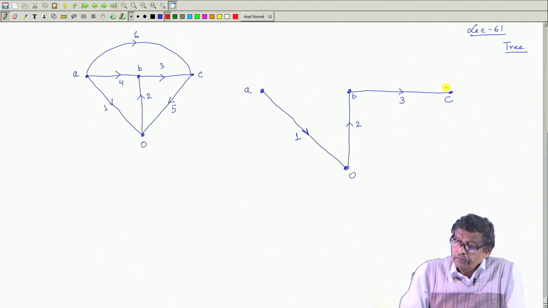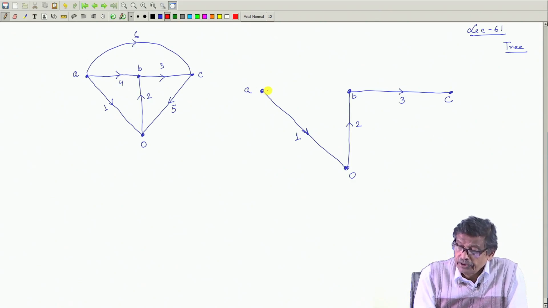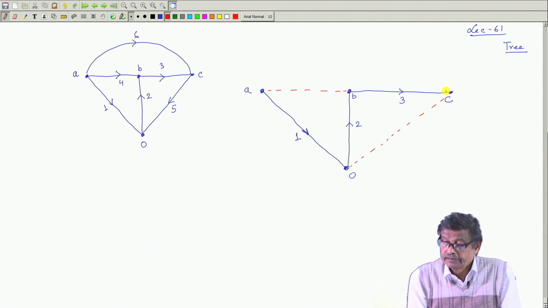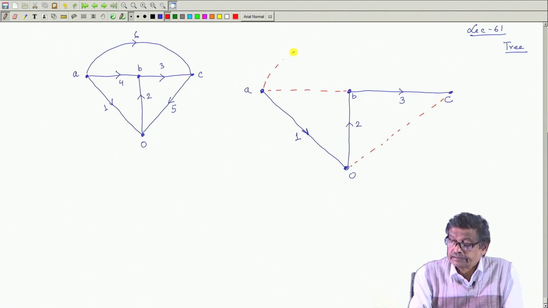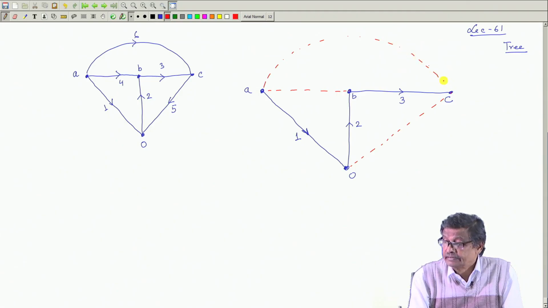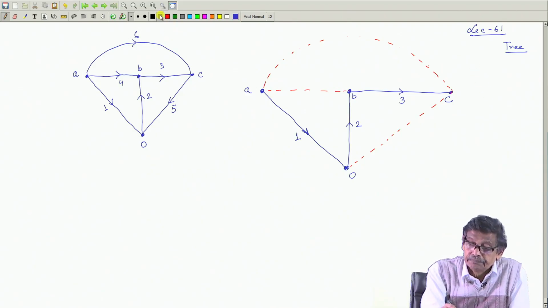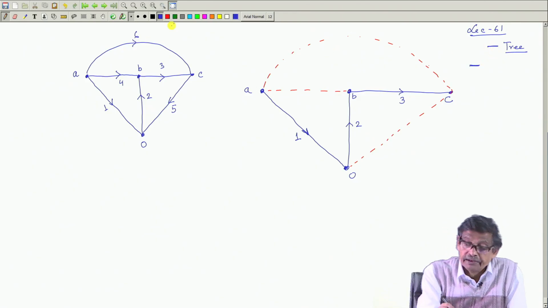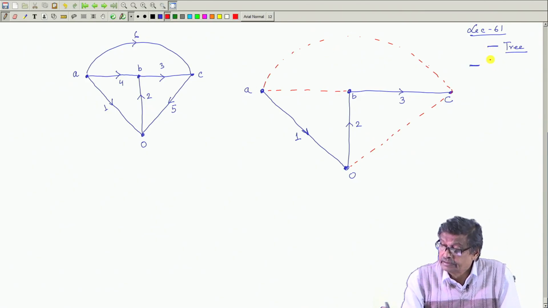So, what we will be doing is, we will show those links by red lines, this, and this, these are the links. So, the blue one is the tree, and the dotted red one is the co-tree.